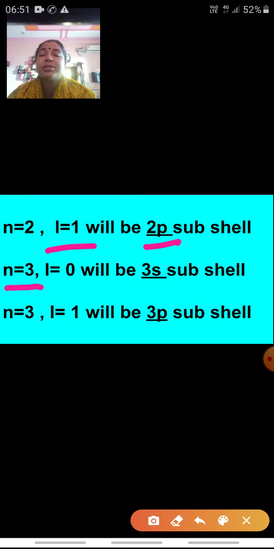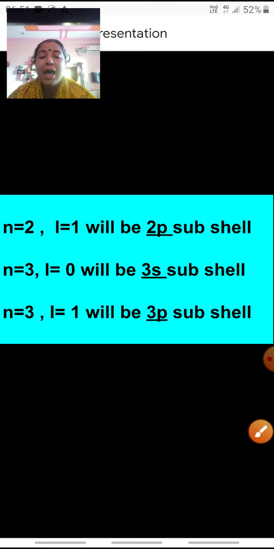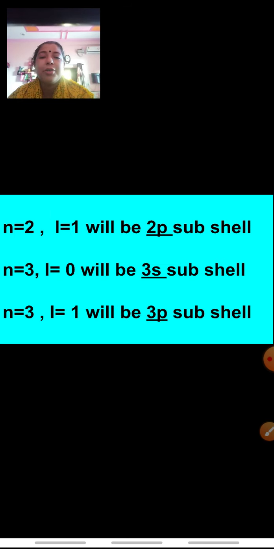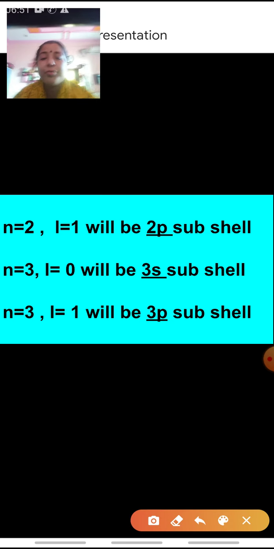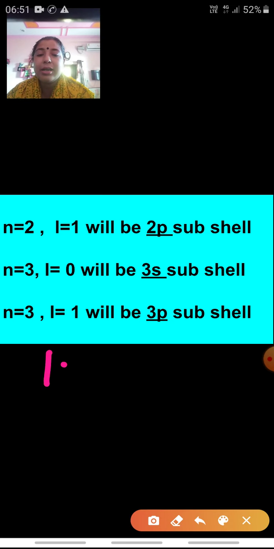Similarly, if n is 3, l can be 0, 1 or it can be 2 also. For 0, it will be 3s. For 1, it will be 3p. And for l equal to 2, it will be 3d.